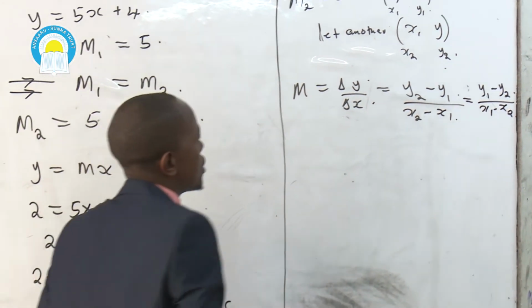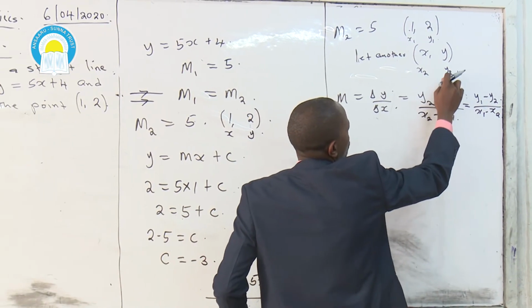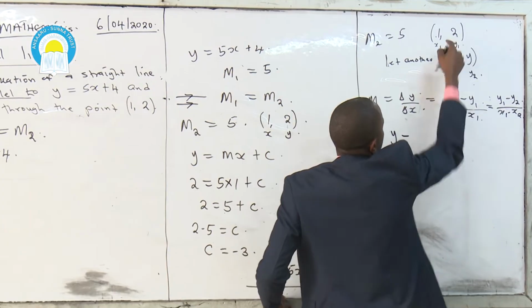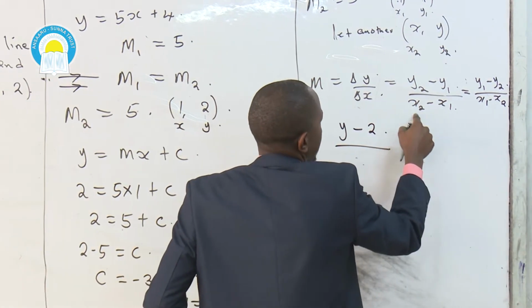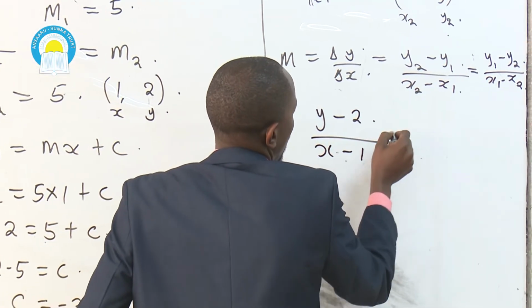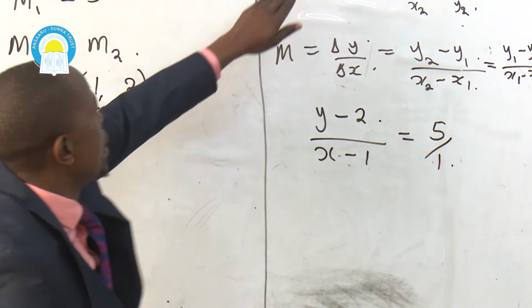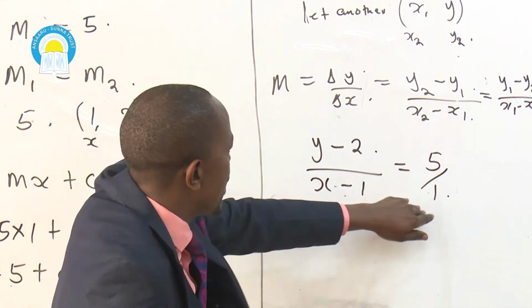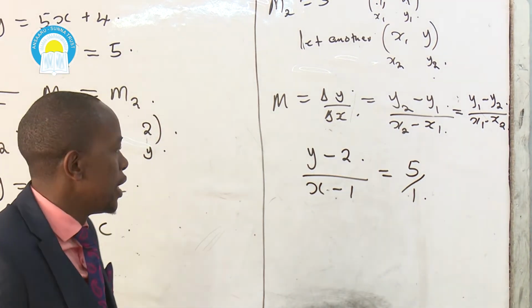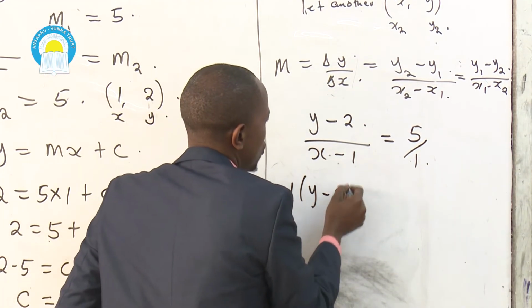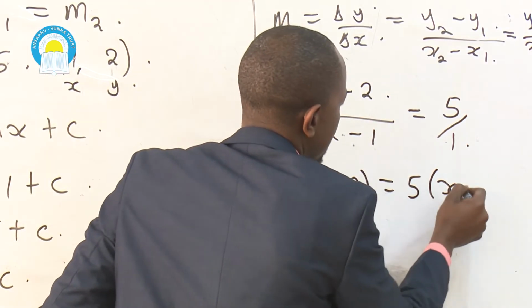Now let's substitute that. y2, according to what we have there, is y, minus y1, which is 2, divided by x2, which is x minus 1, will give us the gradient, which is 5. The gradient is already provided, so we are equating to the gradient. Now we cross multiply: 1 into y minus 2 equals 5 into x minus 1.